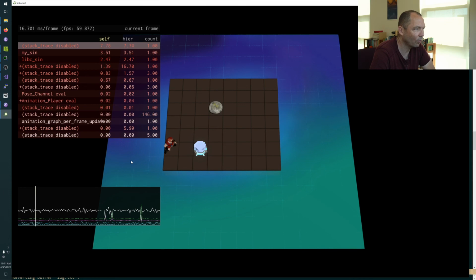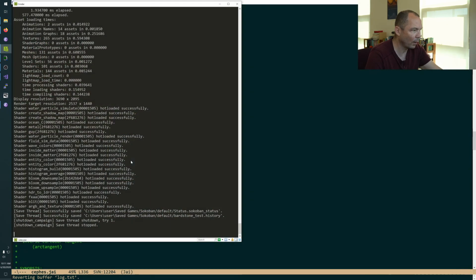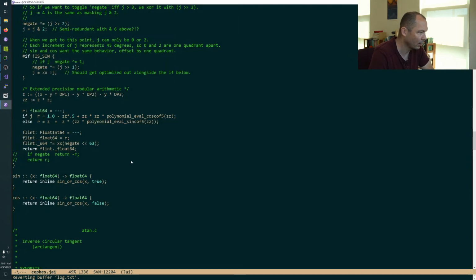It's not a noticeable improvement, which is weird because I would expect that branch to be taken 50% of the time. Although, if you're moving around a circle, we're not picking totally random angles. So it's maybe more coherent because you're in one quadrant for a while and then you're in another quadrant and so forth.